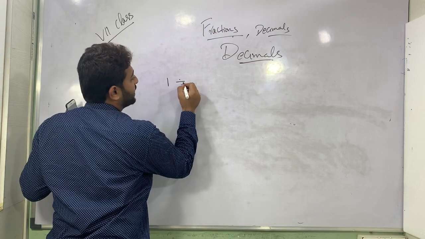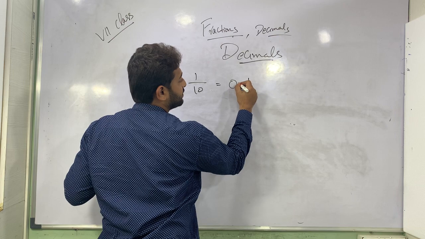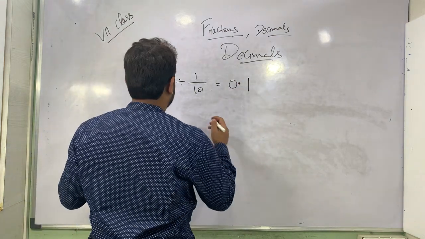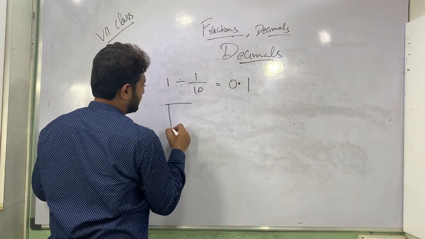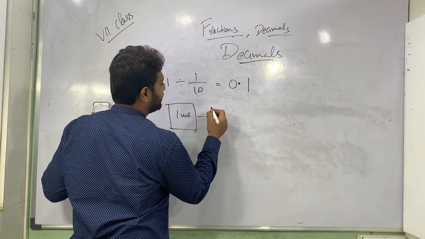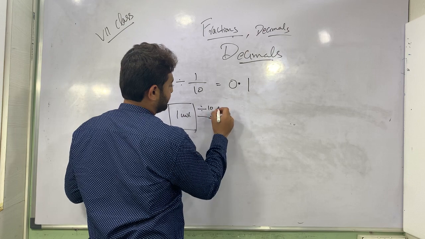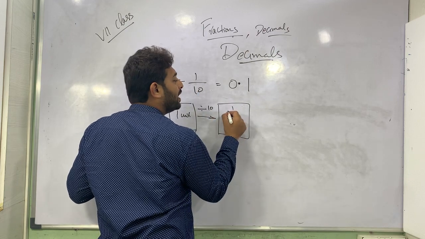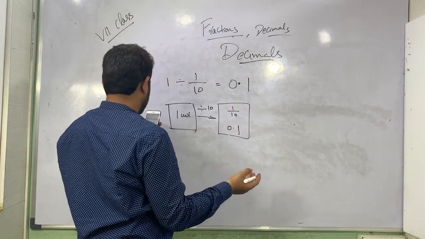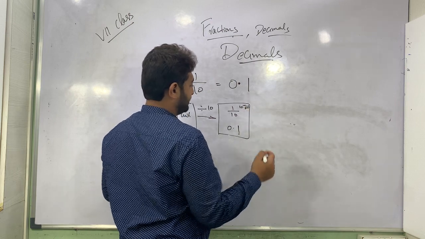So that would be 1 divided by 10. That equals 0.1. This is a decimal number. So it goes from left to right, 1 unit divided by 10. It gives you 1 by 10 or 0.1, 1/10, or the 10th part of 1.